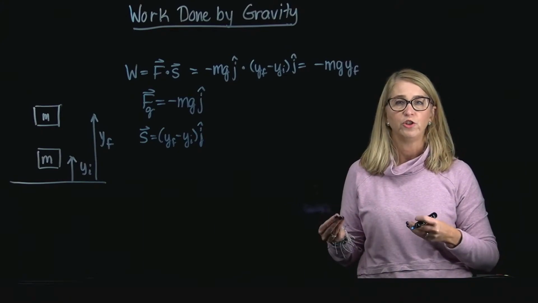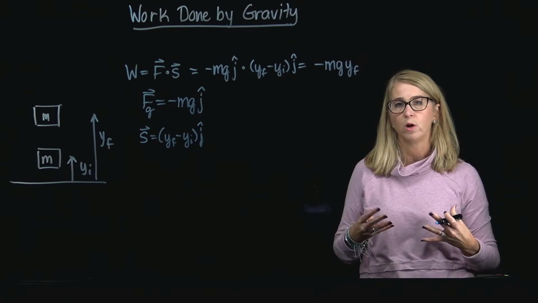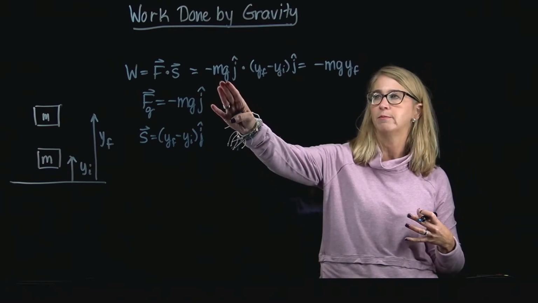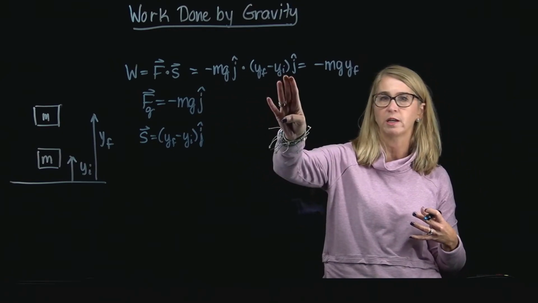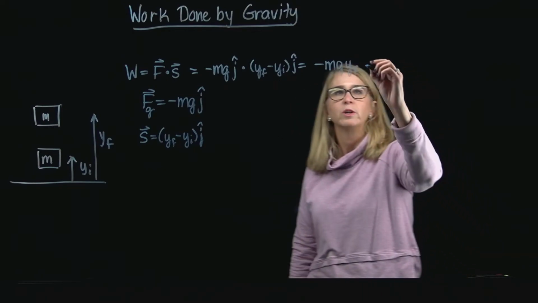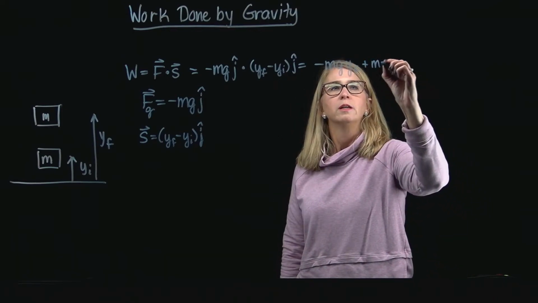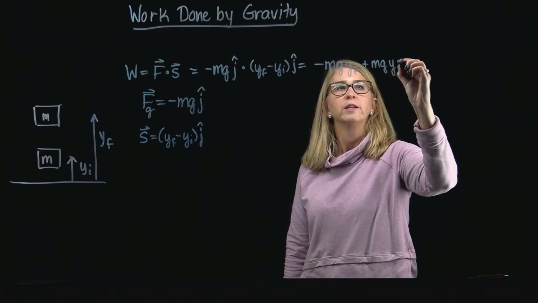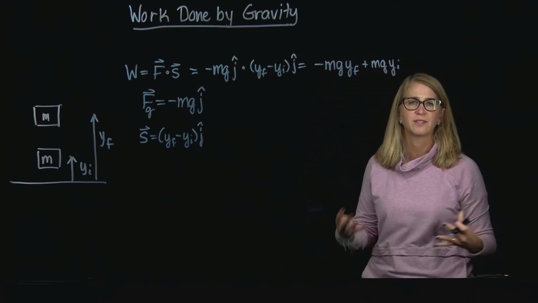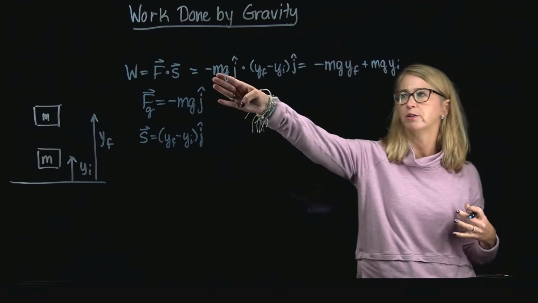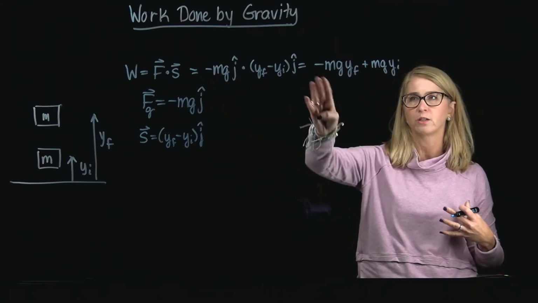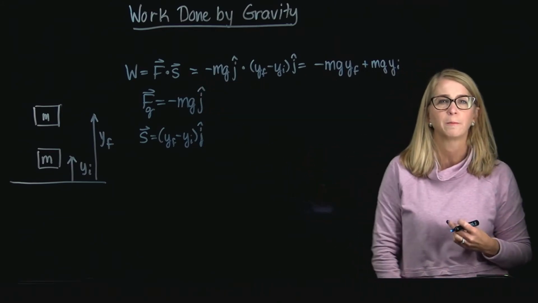So when we take j dot j, that just gives us 1. And then we can multiply the mg times this and the mg times that term. And so then we also get plus mg y initial. So there's that sign difference here because the force was in the negative direction, and that's why we have a minus here and a plus here.